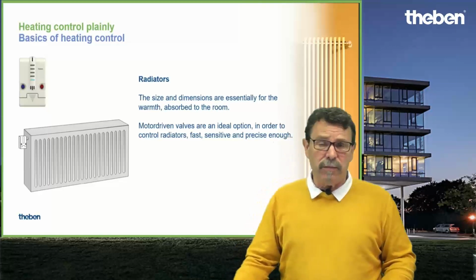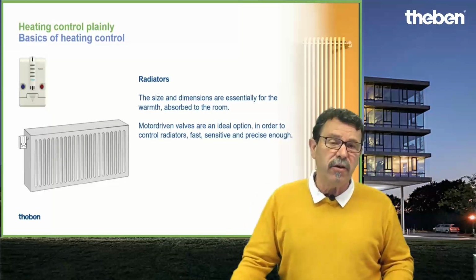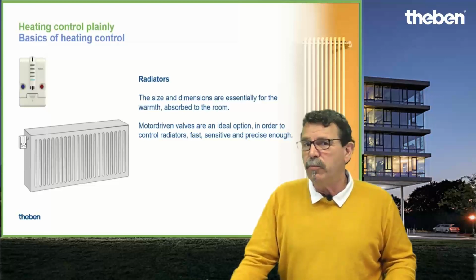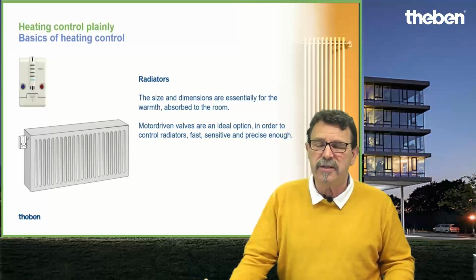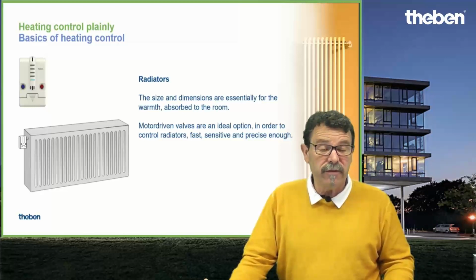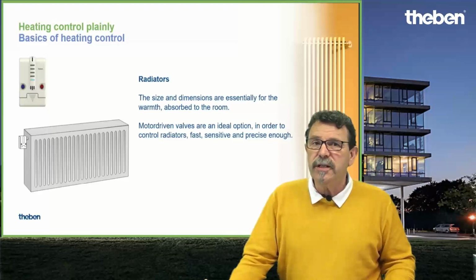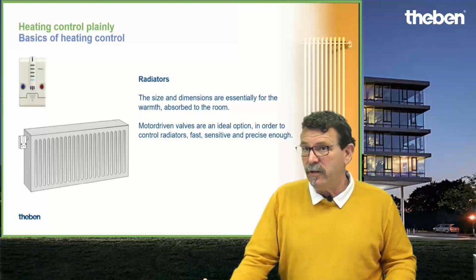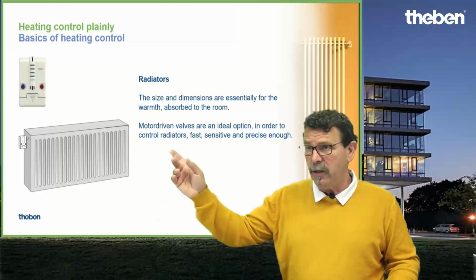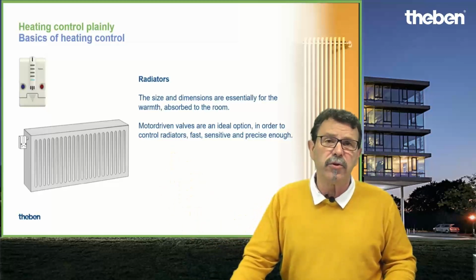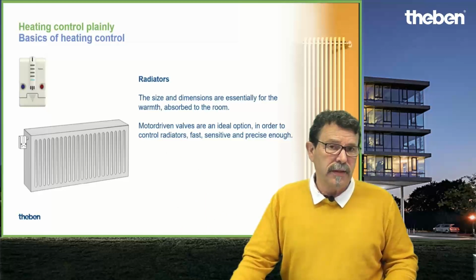When it comes to the control commands to the heating valve, you can operate with two different valves. In the KNX market or in the domestic market, we have terminal valves, which need 240 volt or 24 volt, or we can use our motor-driven valves as well.